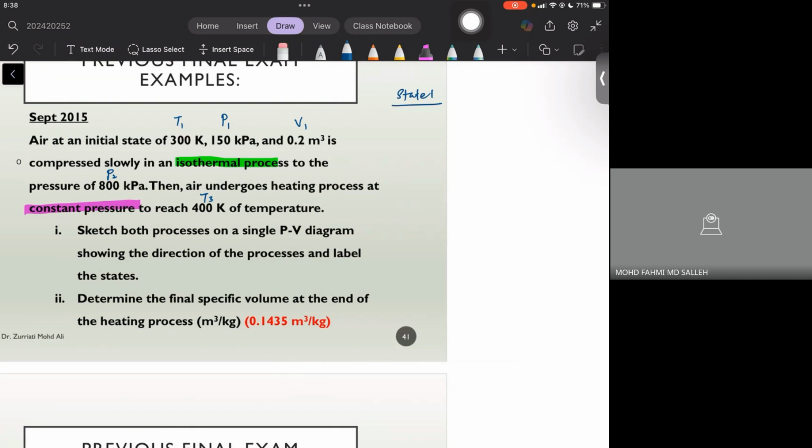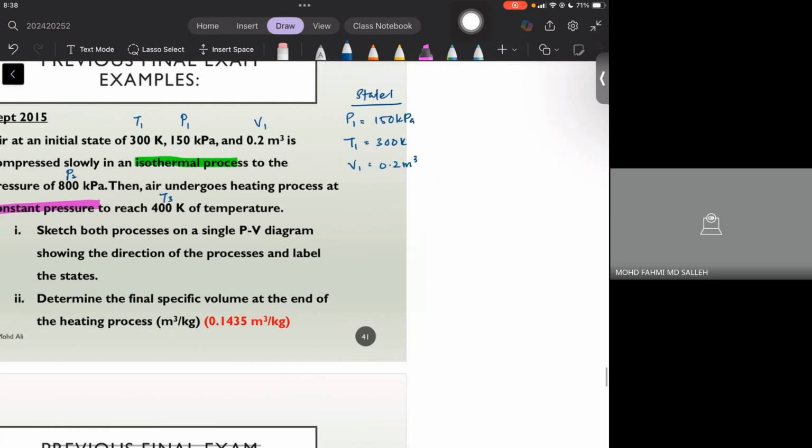So you need to list out state 1. We have P1, 150 kilopascal. T1 given 300 Kelvin. V1, 0.2 meter cube. And then we have state 2. This process undergoes in isothermal manner, so we have T1 equal to T2.